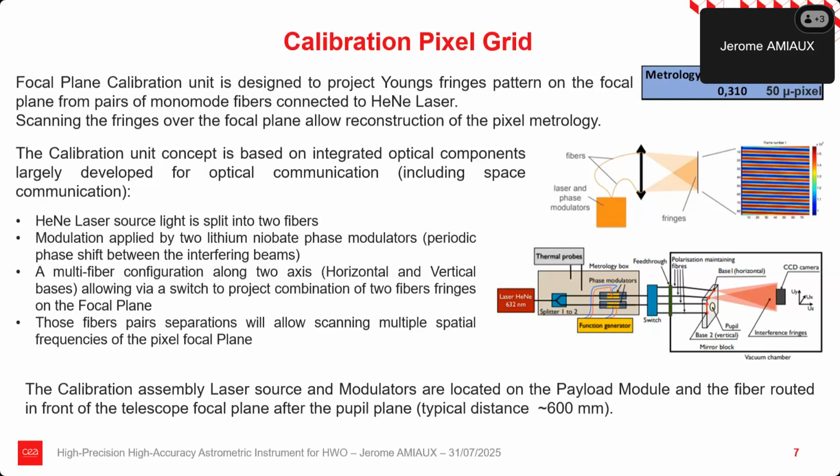So basically, it's pairs of fibers that are fed by laser and that project Young fringes on the focal plane. And we scan those fringes with a modulator. And this allows us to reconstruct the pixel grid. So the calibration unit will be located on the PLM, but the fiber pairs will be located in front of the focal plane.